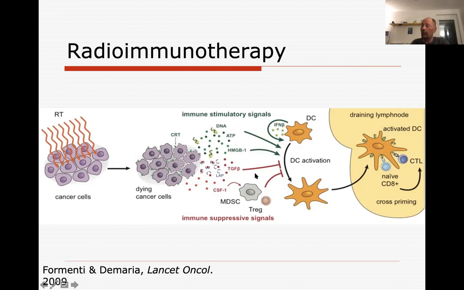But unfortunately also produce suppressive signals like TGF-beta and CSF1 and Treg that essentially block this activation. So if we can use immunotherapy to reduce these signals, the combination of radiotherapy and immunotherapy can be brilliant.